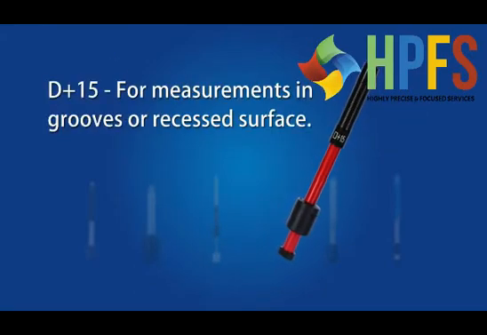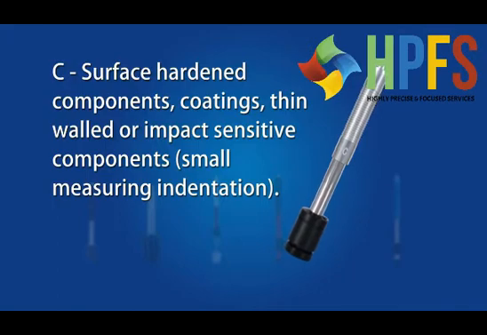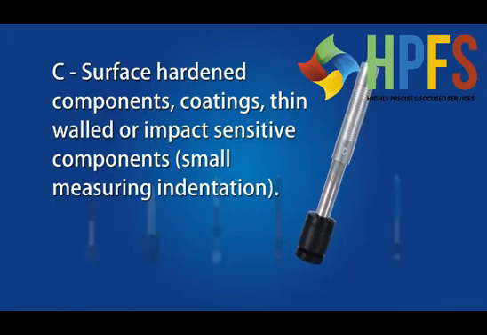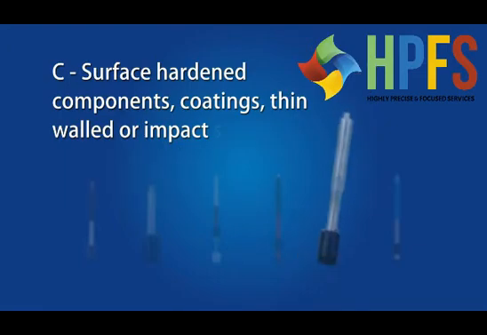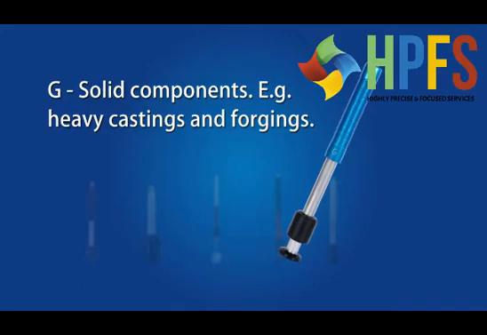D+15, for measurements in grooves or recessed surfaces. C, for surface hardened components, coatings, thin-walled or impact-sensitive components, and small measuring indentation. G, for solid components, for example, heavy castings and forgings.